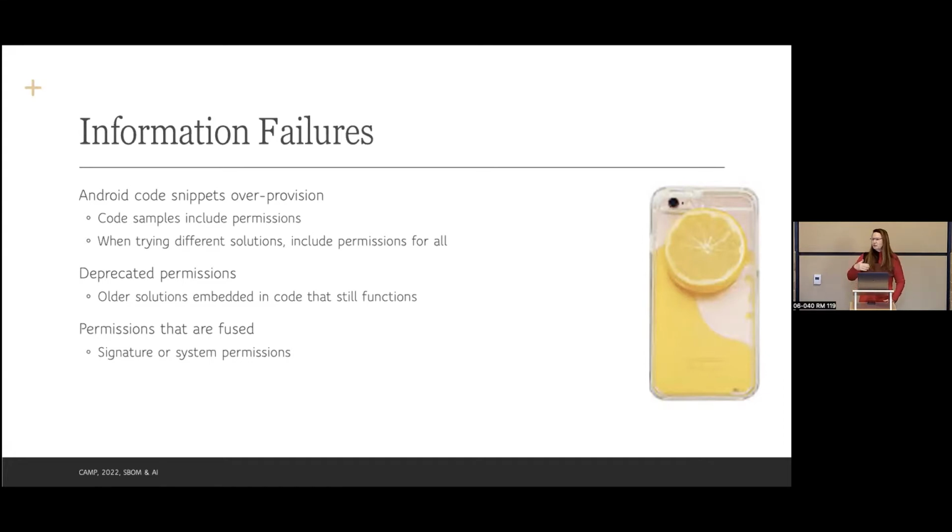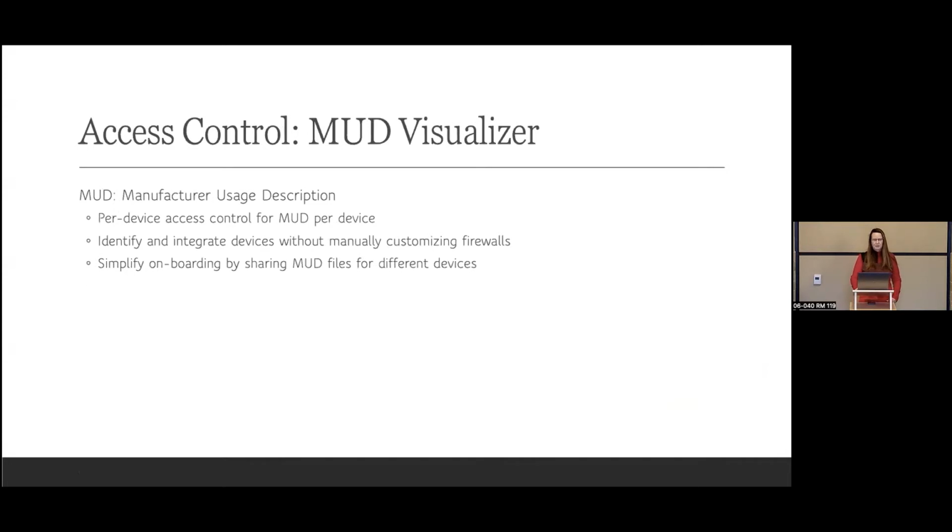And we know that people aren't doing this to grab data because they use deprecated permissions. They use permissions that don't even exist anymore, and permissions that are fused together. So you're going to see some of the same things happening when you start looking at SBOM, that people are doing human things. Developers are people and they do human things.